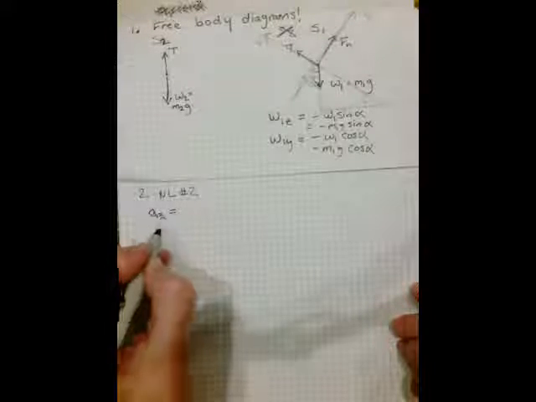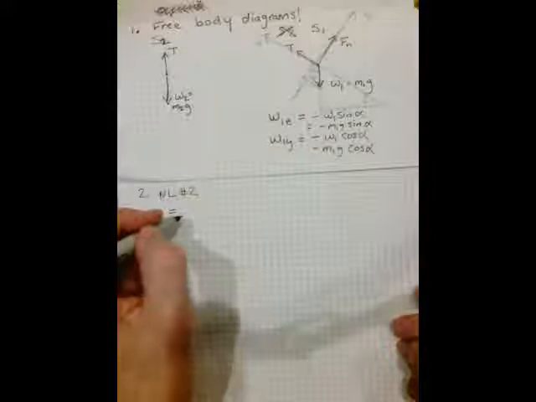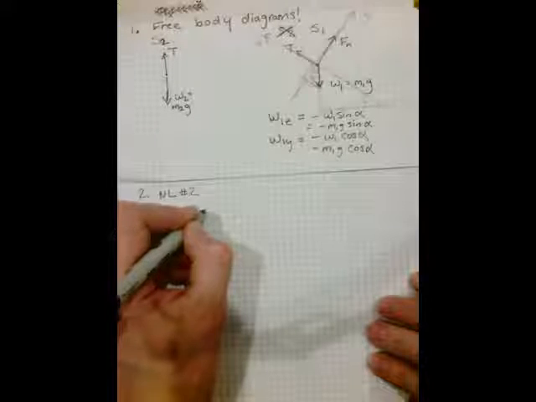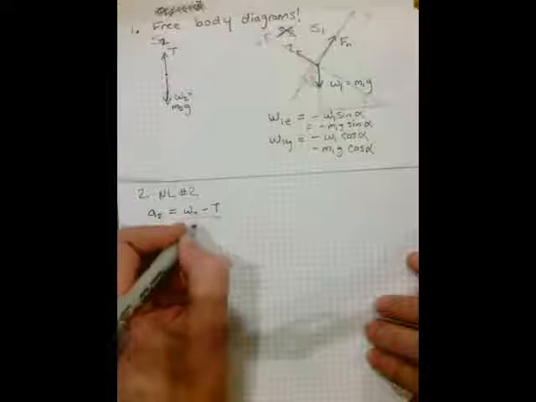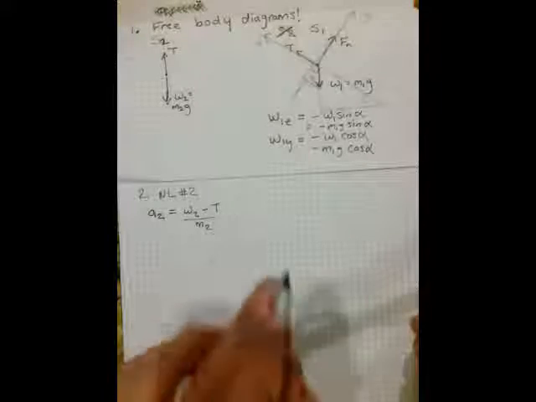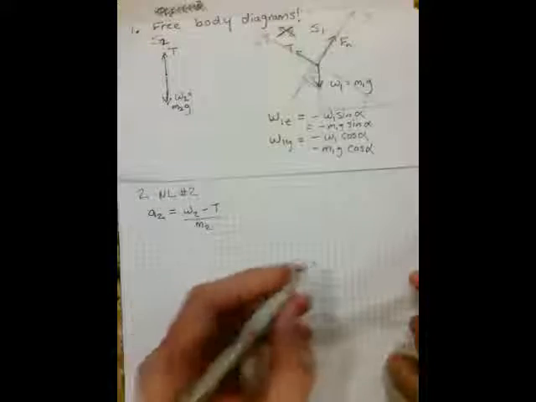So A2, acceleration of block 2, is equal to, since I've decided that the weight of block 2 is bigger than the weight of block 1, the weight of block 2 minus the tension, so that's the net force on block 2, divided by block 2's mass. Acceleration is net force over mass. Yay, Newton. And then we do exactly the same thing for block 1, but we've got the funky coordinate system.